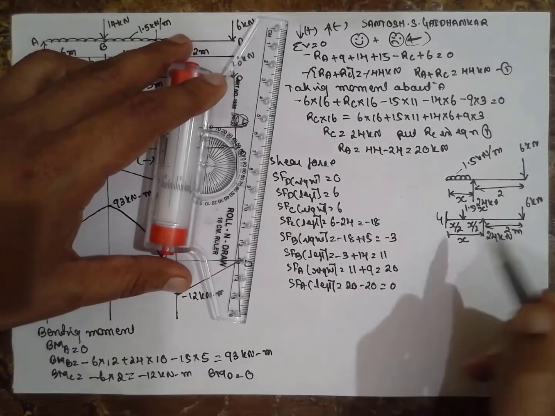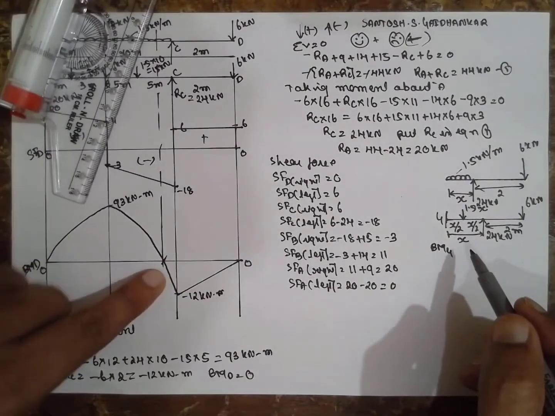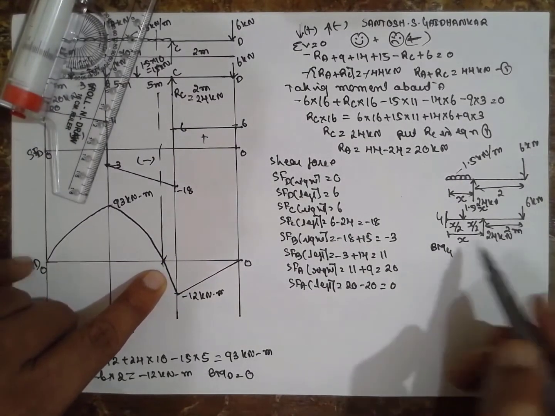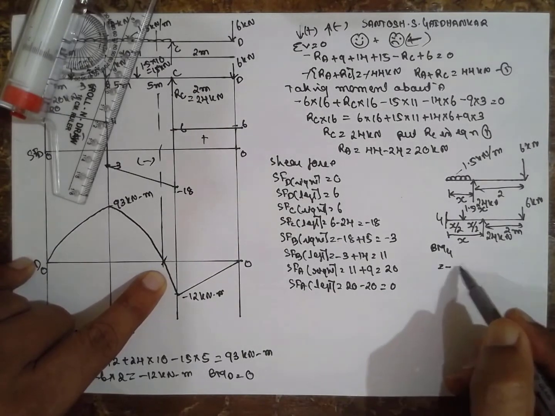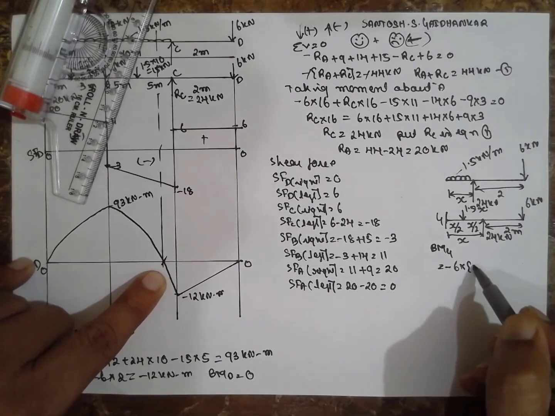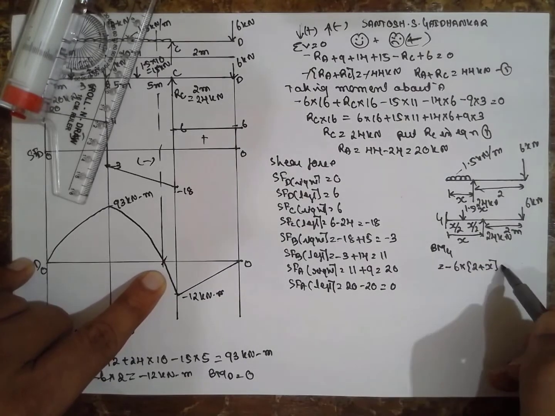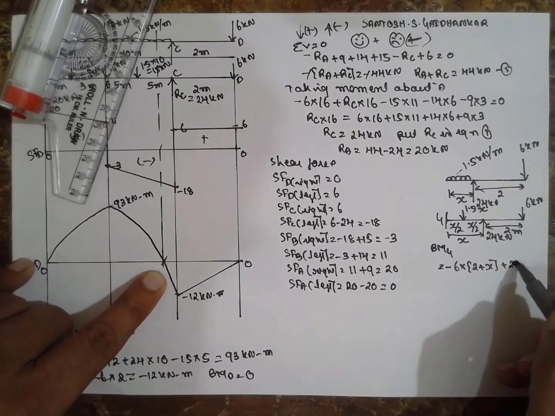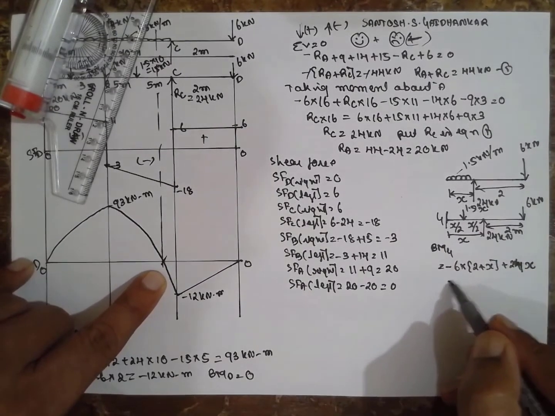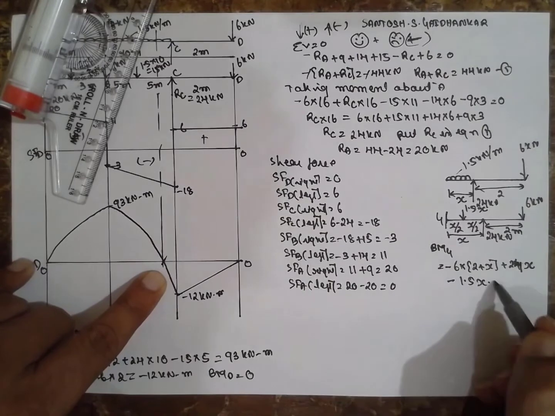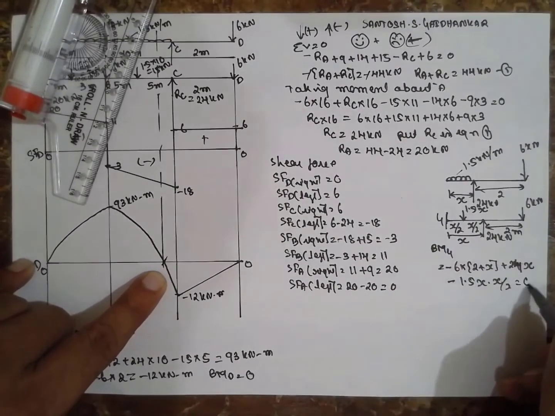Now I will consider section G, the bending moment at a distance of x. Minus 6 into (2 plus x), plus 24 into x, minus 1.5x into x by 2 is equal to 0.